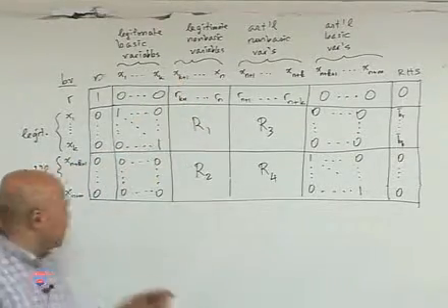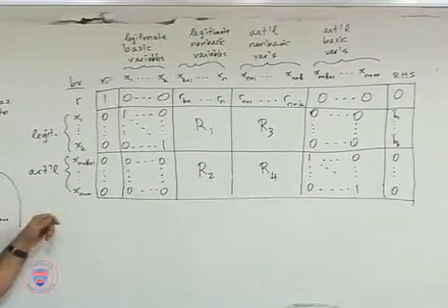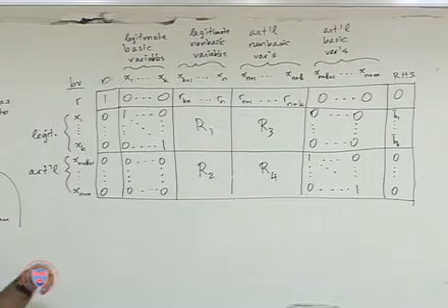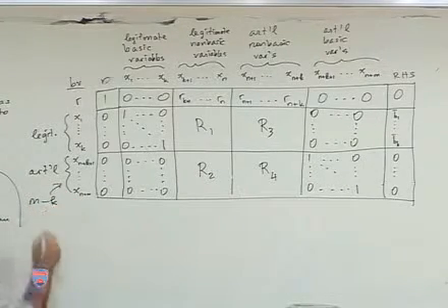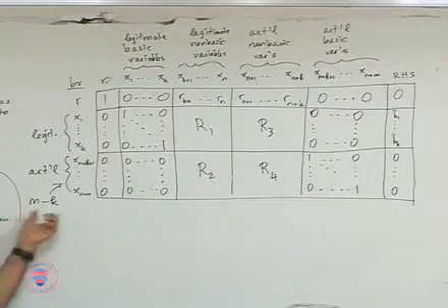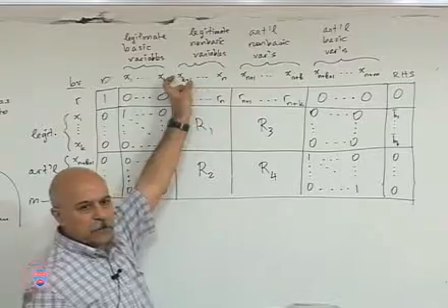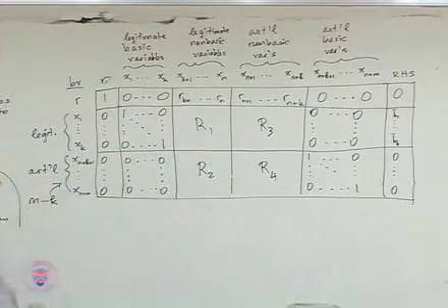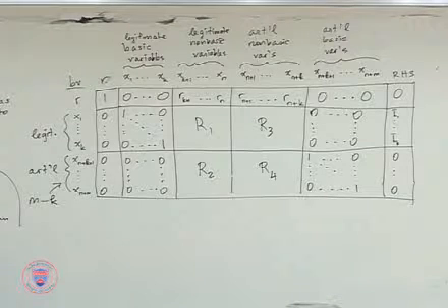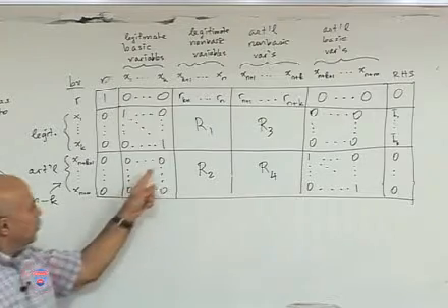How many of them? There are m minus k such variables here. You want to somehow pick m minus k non-basic variables from the legitimate set of variables and replace these by them.